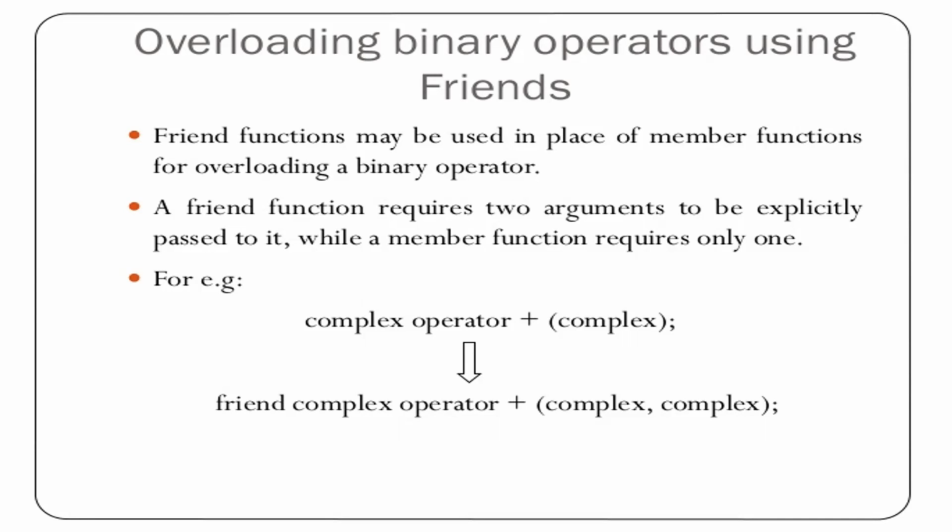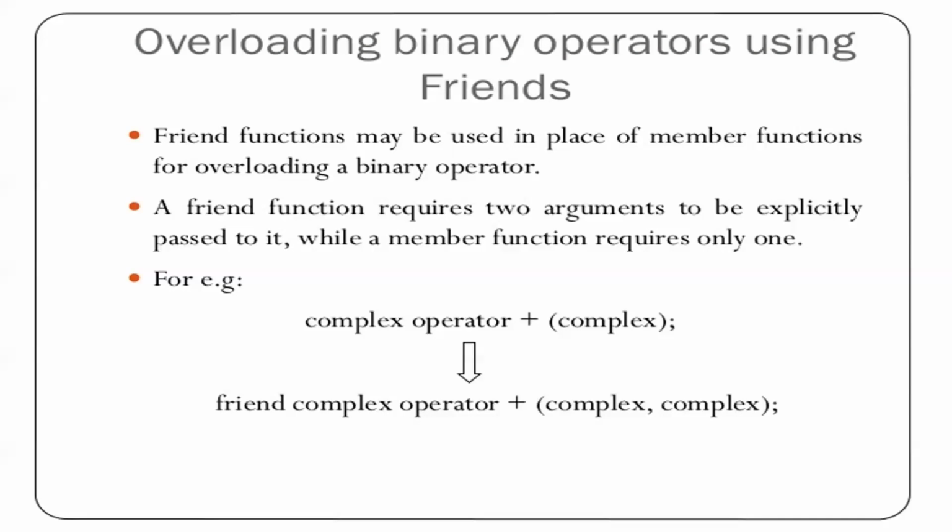When overloaded by means of a friend function, it takes one argument, and a binary operator overloaded through a member function takes one explicit argument, and takes two arguments if it is a friend function. This point has to be remembered because sometimes it comes in the MCQ.